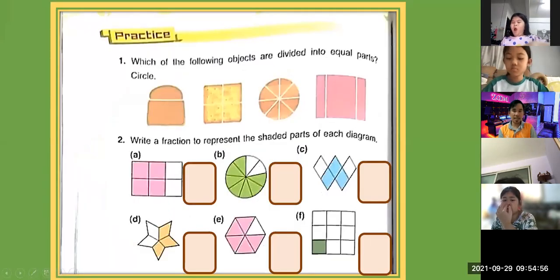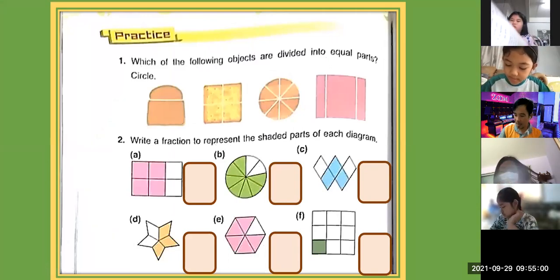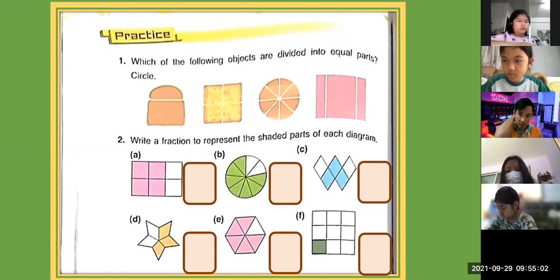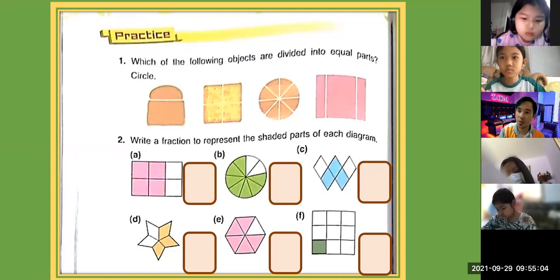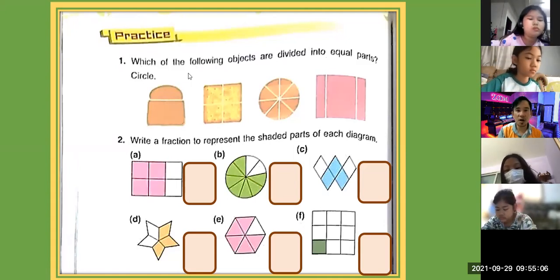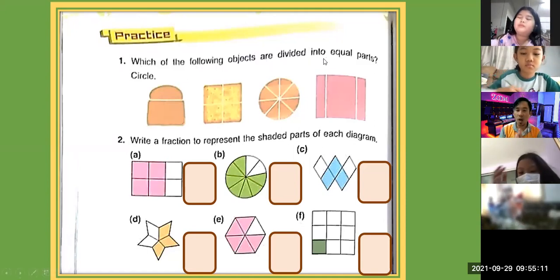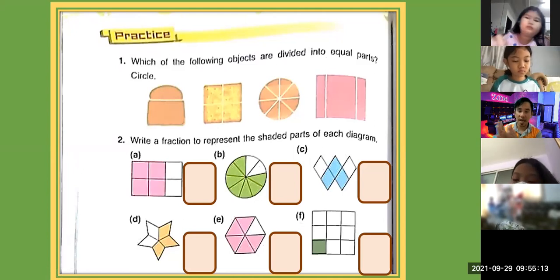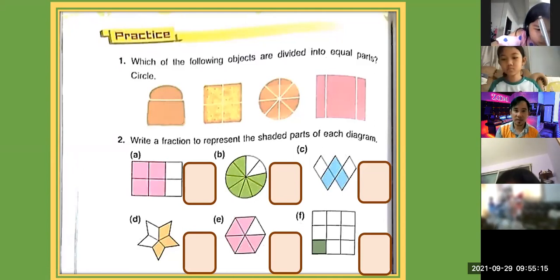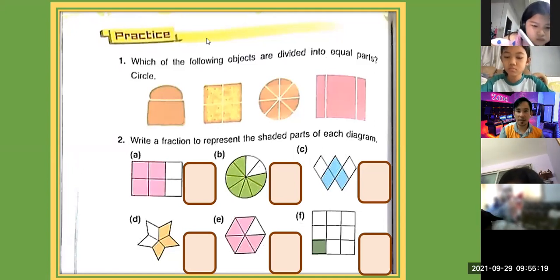Here, let us answer this one. Turn your book to page 72. Which of the following objects are divided into equal parts? The size are the same. So you encircle. Which part?